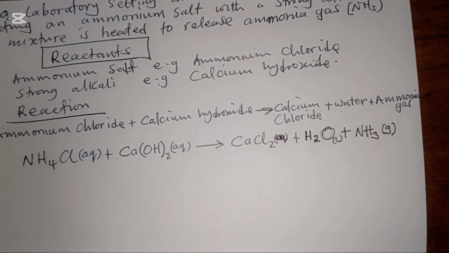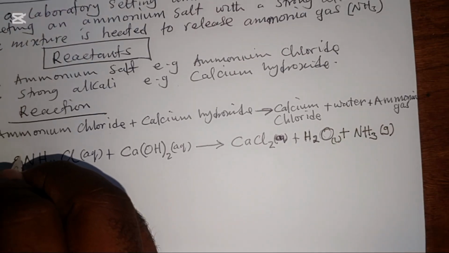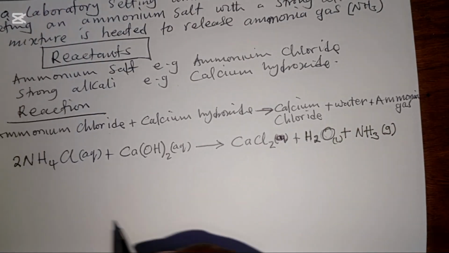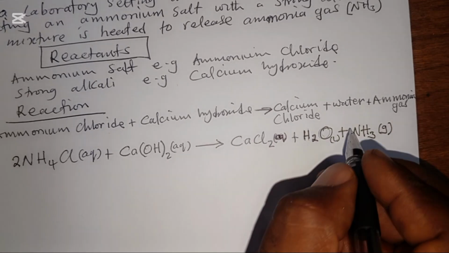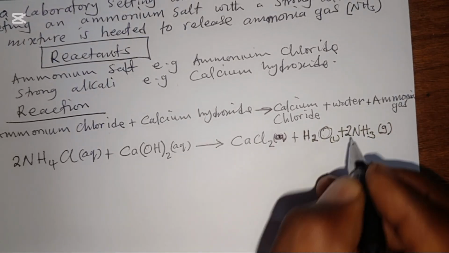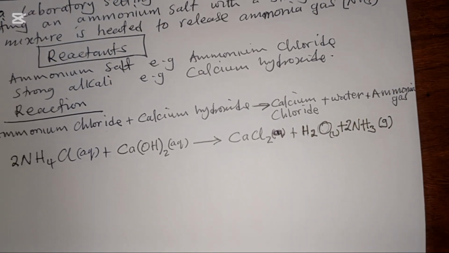So this is the chemical equation. So balancing the chemical equation, we put a 2 there, we put a 2 there. So this is a balanced chemical equation.